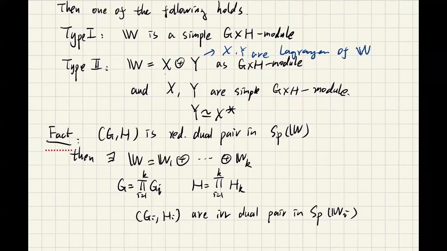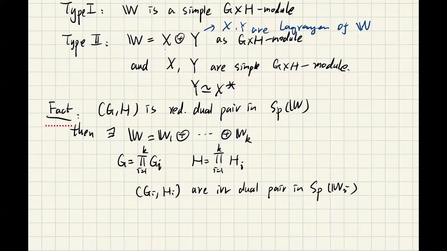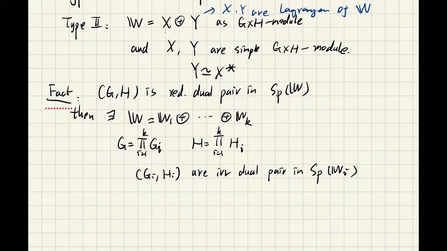So if G and H is a reductive dual pair in Sp(W), then you will have a decomposition of the space W as a direct sum of symplectic spaces W1 to WK, and G as a product of groups G1 to GK, and H a product of groups H1 to HK, such that each piece Gi and Hi is an irreducible dual pair in Sp(Wi). Okay, so this is the situation.